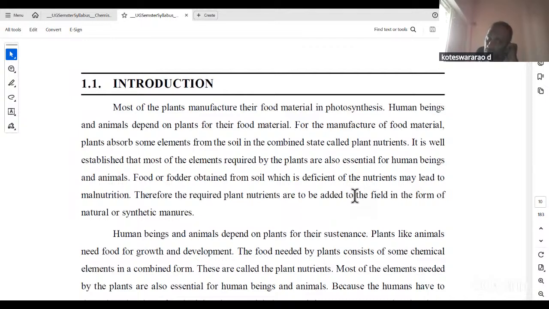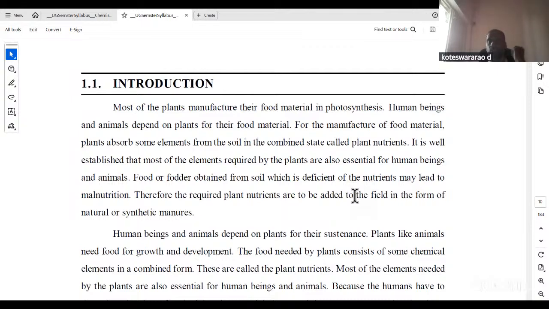Right. Human beings and animals depend on plants for their sustainability or for their life on the earth. Like animals, plants also need food for their growth and development.